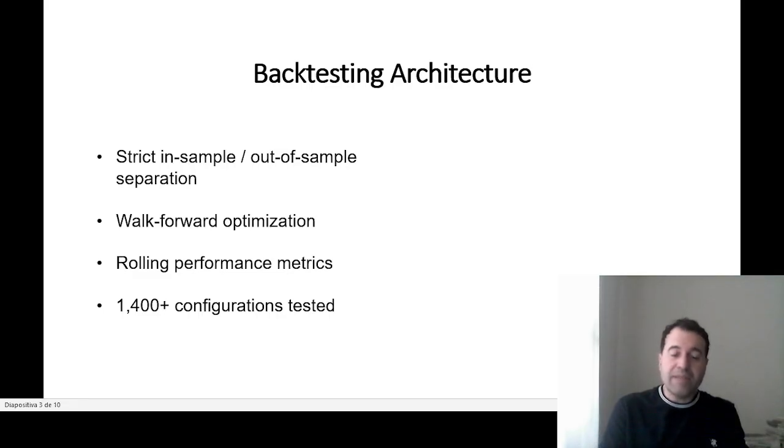Every month, the model is optimized using historical data and then immediately tested on new, unseen data. In total, I evaluated more than 1,400 parameter configurations across 26 years. The goal was not to find the best parameter. The goal was to test the stability.